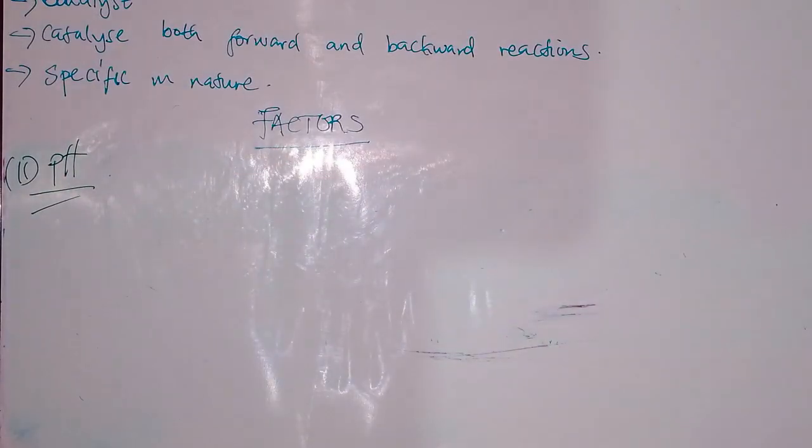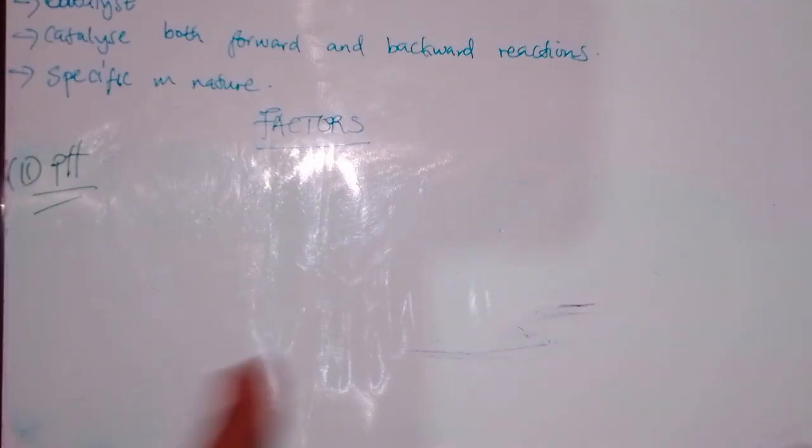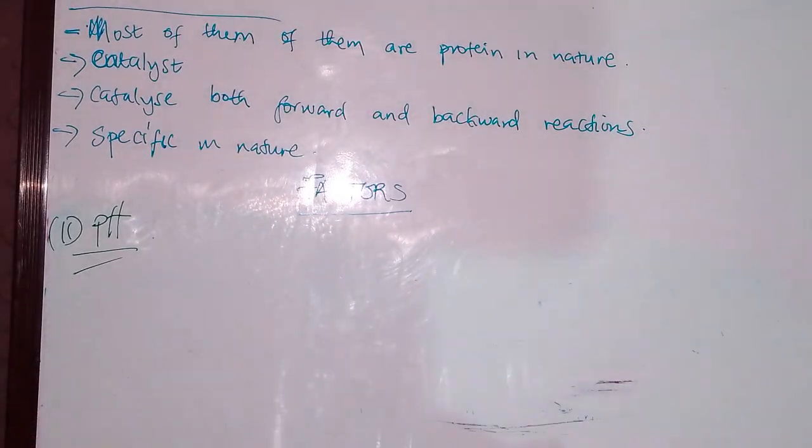So we said that our second factor is pH. So when we are talking about pH, we are saying that this is the measure of how something is acidic or basic. Yeah. So how does the pH affect the enzyme?